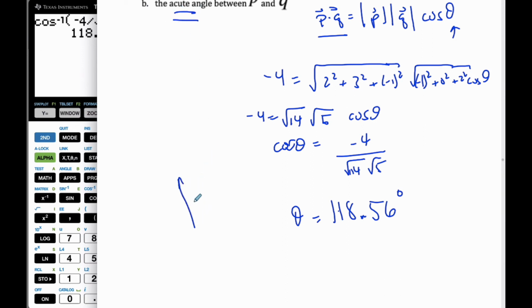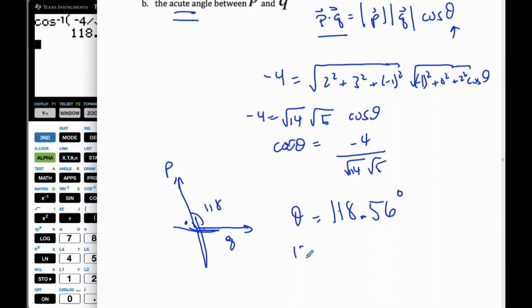So I have P and I have Q, something like this, where this is 118. Well, recognize that P and Q are vectors, right? So this is also the acute angle between them.